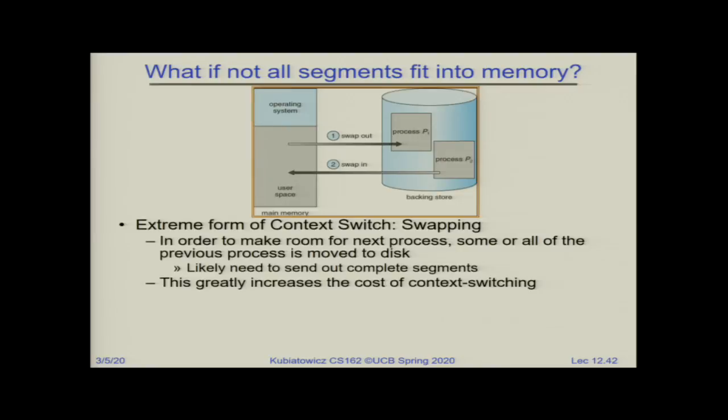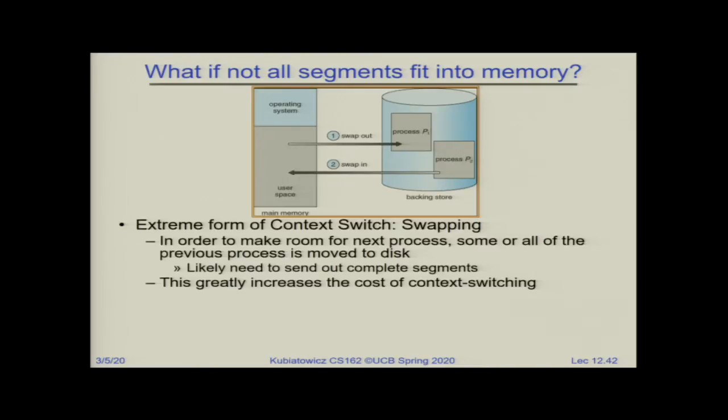So this is a whole new level of expense to context switching, because when I context switch process one, because I have not enough physical memory, I have to swap out all of process one or a lot of its segments and then swap in process two off disk.